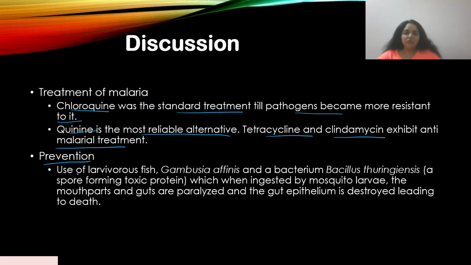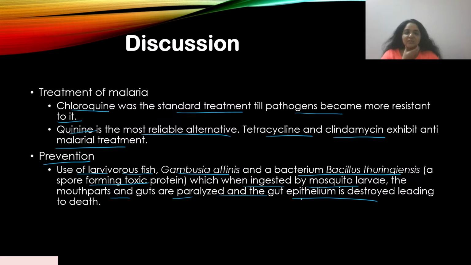Prevention: the use of larvivorous fish Gambusia affinis, and there's a bacterium called Bacillus thuringiensis, which is a spore forming bacterium producing a toxic protein. When ingested by mosquito larvae, the mouth parts and guts are paralyzed and the gut epithelium is destroyed, leading to death.